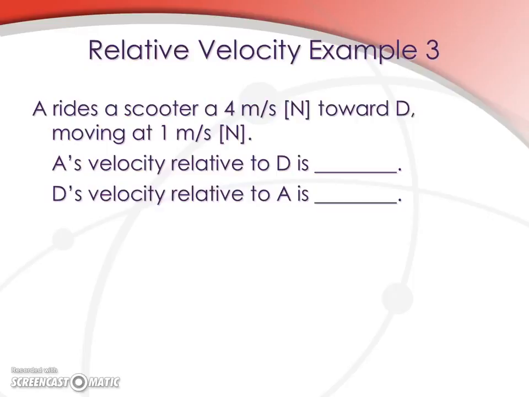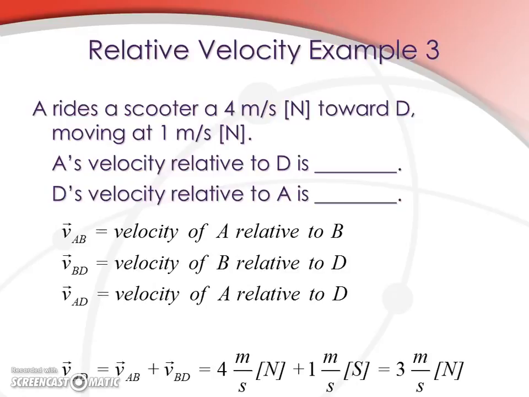Now, example 3 is a tiny bit different because Anita and Daryl are both moving in the same direction. So Anita's velocity is 4 meters per second north, implied with respect to the ground. And Daryl's velocity is 1 meter per second north. Hopefully it should be obvious to you what you need to do in order to figure out their velocity with respect to each other.